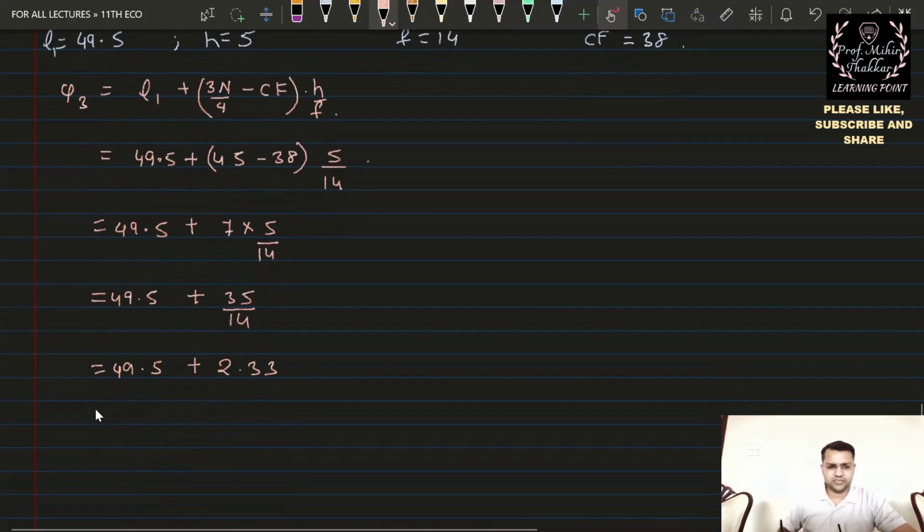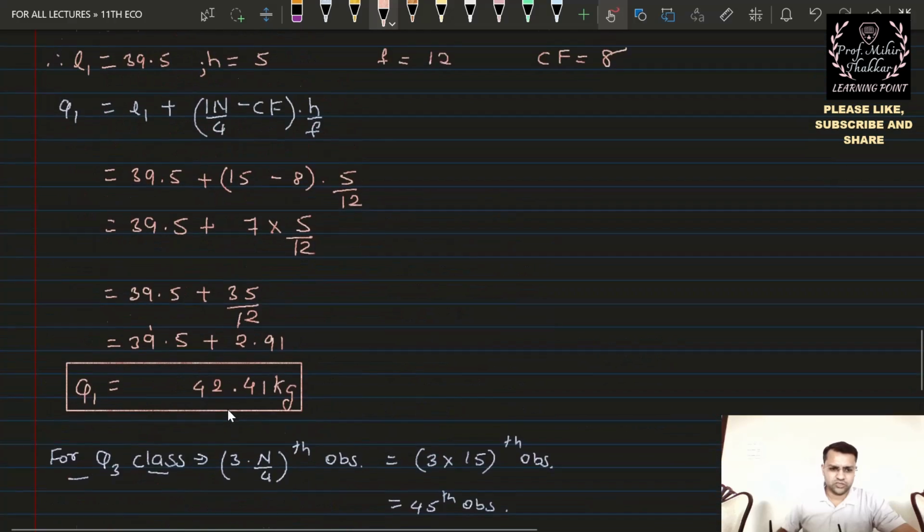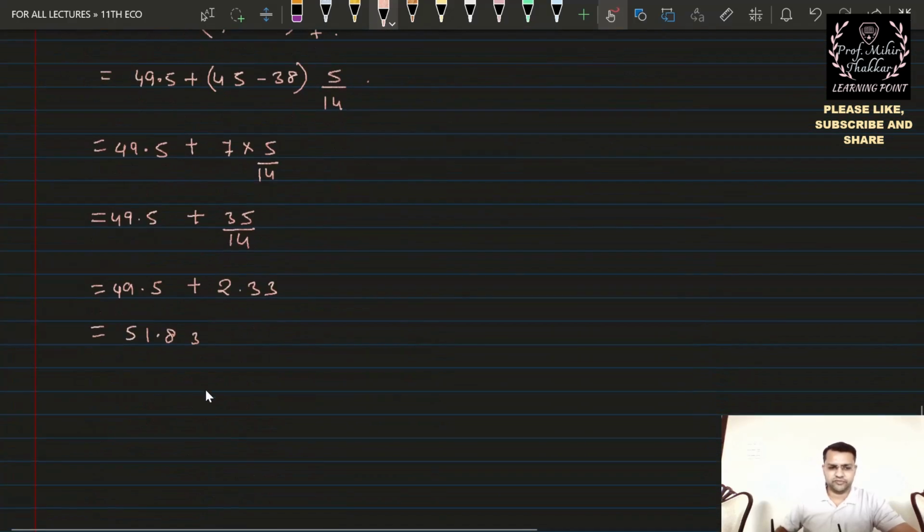So when we add these values, you will get this 3 as it is, 3 and 5 is 8, 9 and 2 over here is 11. So I get 51.83. Again, the data over here is on weight. So I can say this is 51.83 kilograms. That gives you the required value for Q3.